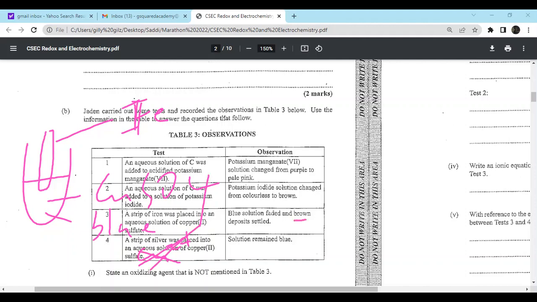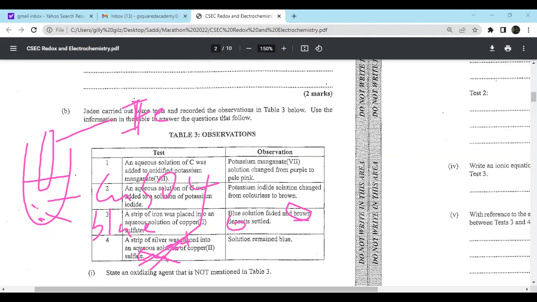Then it says brown deposits settled. So at the bottom of this, you're going to start seeing some brown deposits. What are those brown deposits? Well, when you remember the reactivity series, this is why chemistry is difficult, and I say it to everyone. This question is not only pulling on your knowledge of redox reactions, it's pulling on your knowledge of qualitative analysis and metals and non-metals.